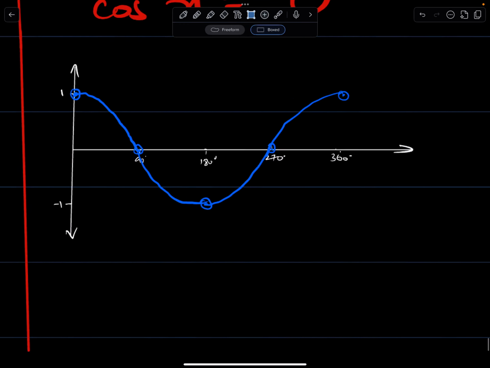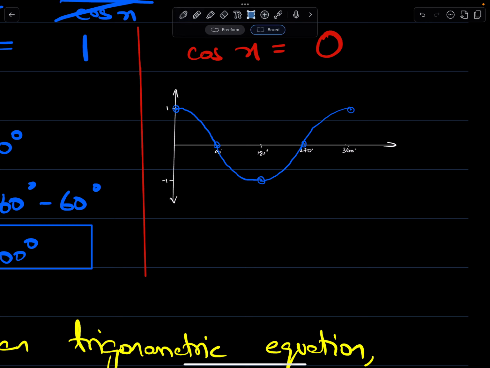So, cos x is 0 at 90 degrees and 270 degrees. Thus, my answer for x would be 90 degrees and 270 degrees.